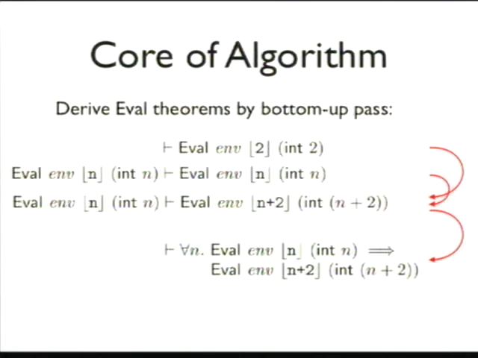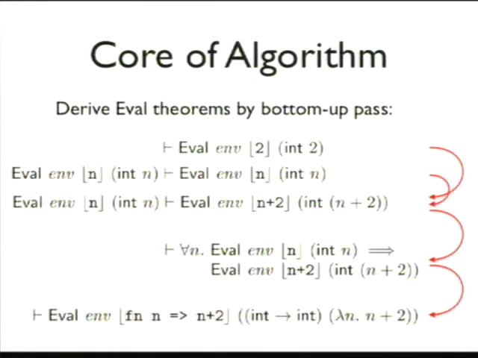Once you've done this, you have it in a form where you can introduce a lambda. So you can produce a lambda in the HOL world, so this is a normal lambda in HOL, and on this side you get a closure in ML, and the invariant is now a little bit more complicated. It tells you that this is a closure that, given an int, produces an int that is exactly that.